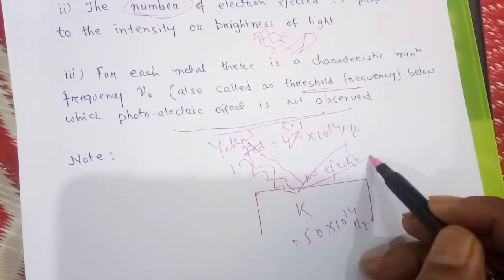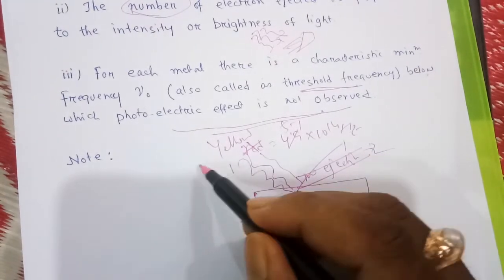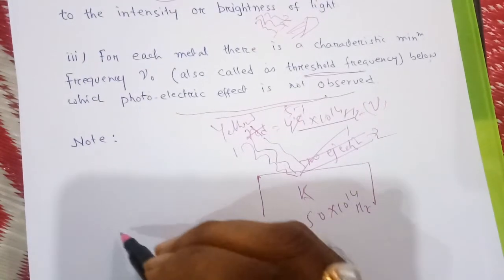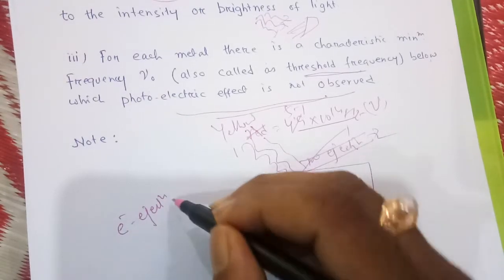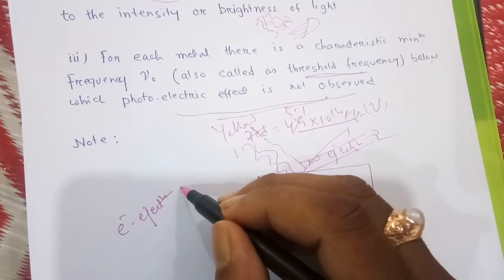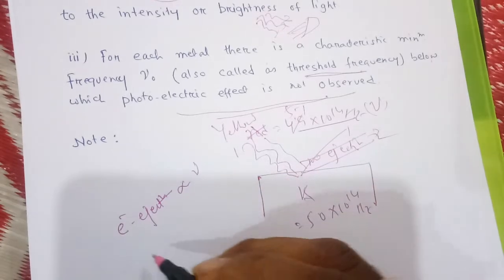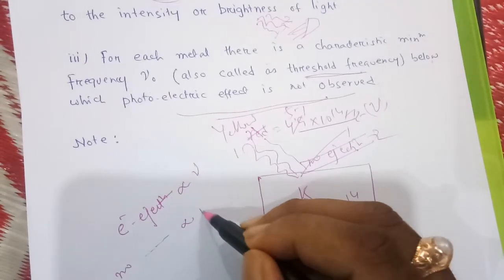With two, two electrons, then three electrons. It means this frequency decides whether the electron will eject, and the number of electrons ejected depends on intensity.